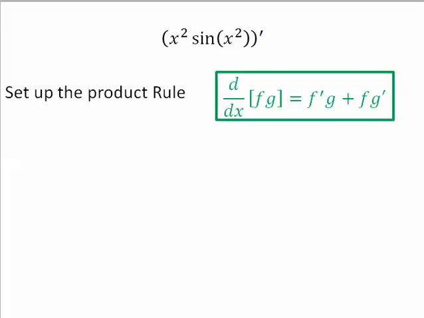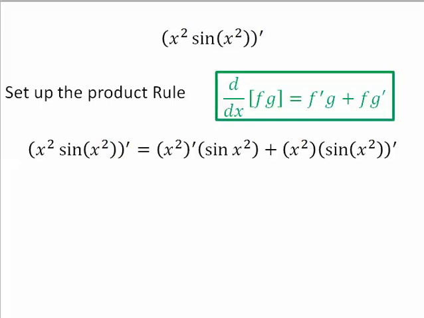X squared sine x squared is a product. So again, we set up the product rule. After we set up the product, we take the derivative of x squared.